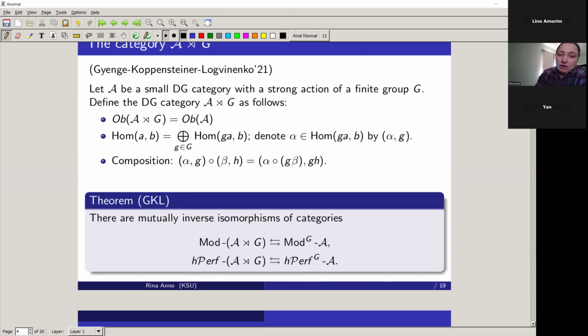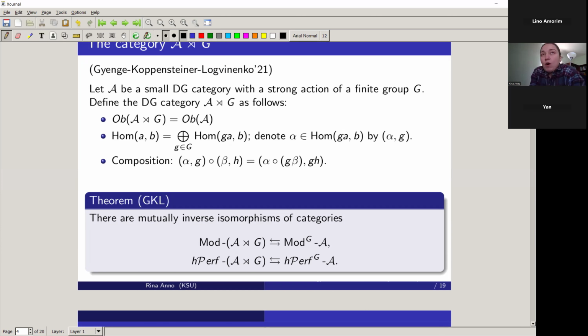That's the category A smash product G. In our case, A will be the nth tensor power of a category A, and G will be Sn. But the construction exists for any DG category.